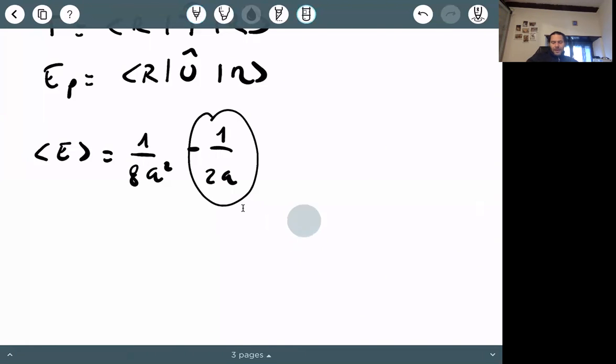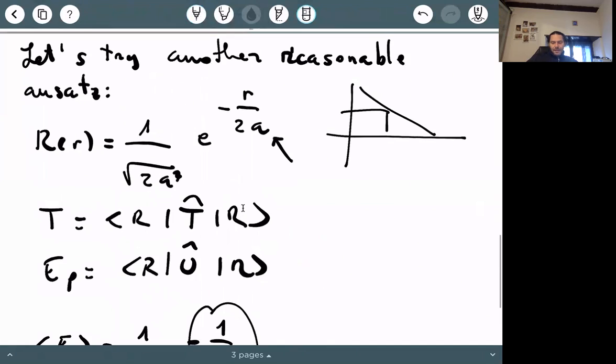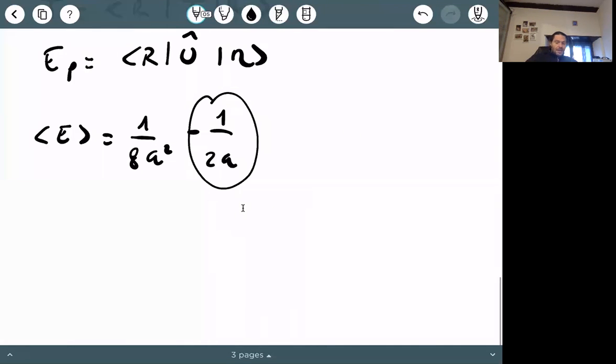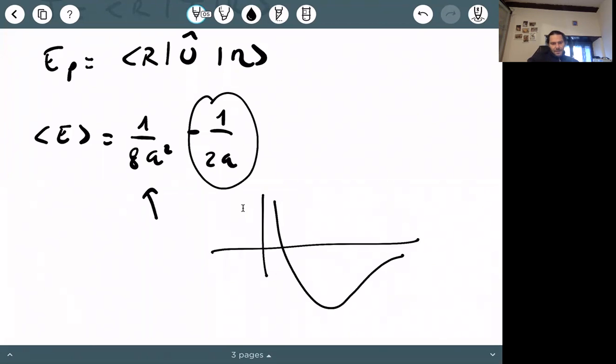Likewise, if a is the typical scale over which my wave function changes, I expect the typical momentum to be of the order of 1 over a. And that's why the typical kinetic energy is of the order of 1 over a squared, typical momentum squared. Okay, now if you redo the same variational analysis, also this function has a structure like this.